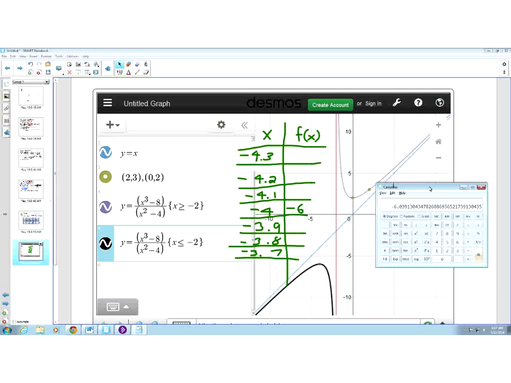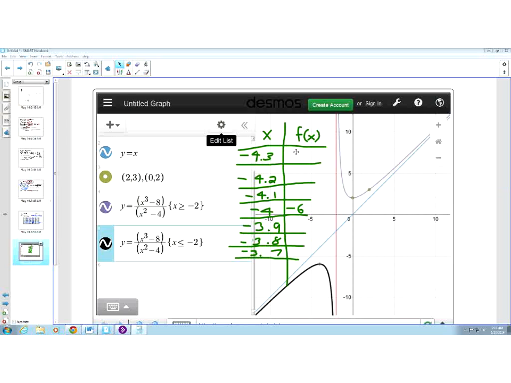And so when I do that, the output is -6.039. And again, always check, make sure that my calculations are right.